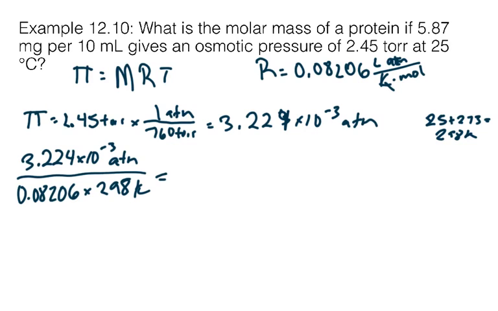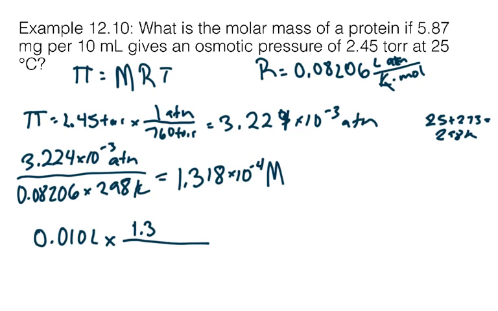And I get an answer of 1.318 times 10 to the minus 4 is my molarity. That is in 10 milliliters, so 0.010 liters times 1.318 times 10 to the minus 4 moles per liter gets me 1.318 times 10 to the minus 6 moles.